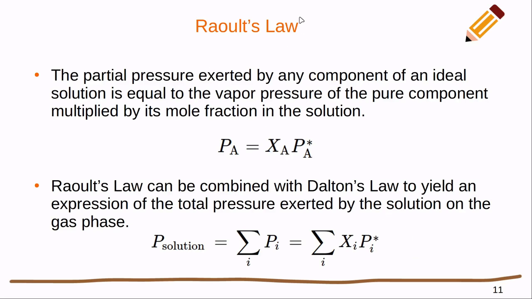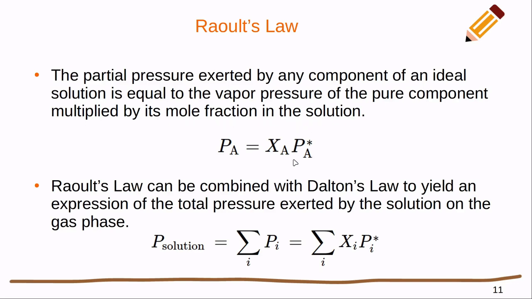There is a mathematical relationship here. It's called Raoult's law. The partial pressure exerted by any component of an ideal solution, remember ideal solutions are ones that are driven entirely by entropy, is equal to the vapor pressure of the pure component multiplied by its mole fraction in the solution.